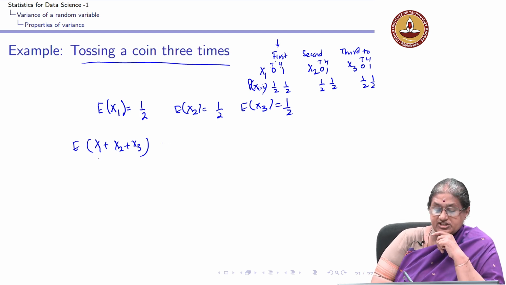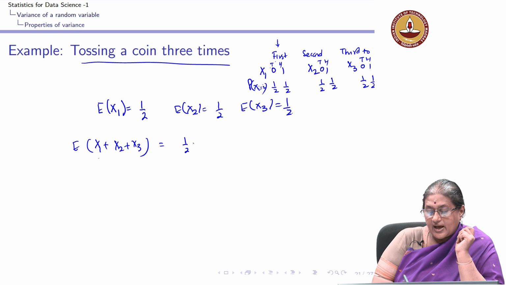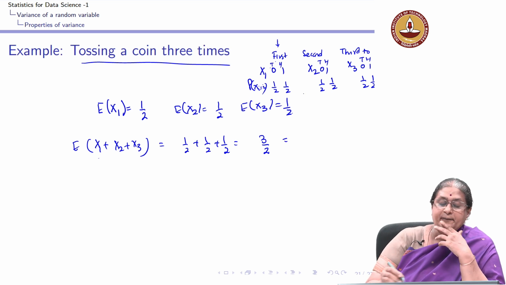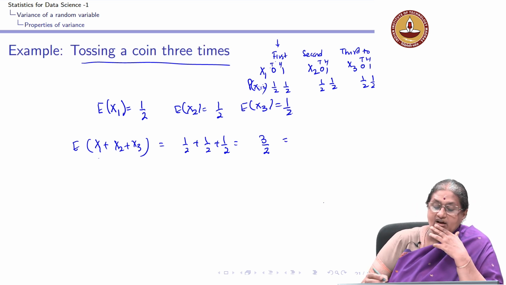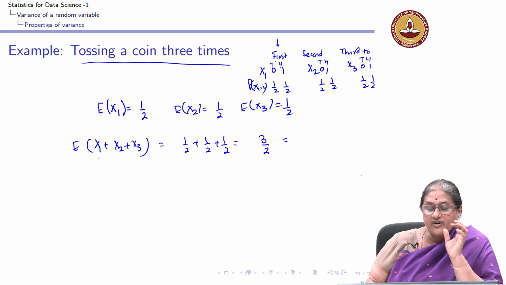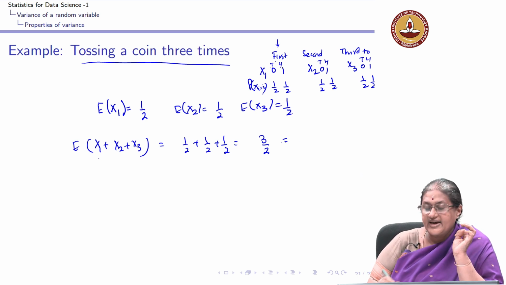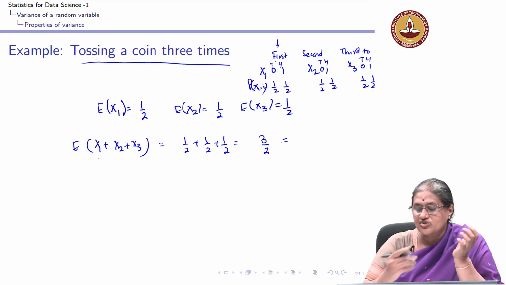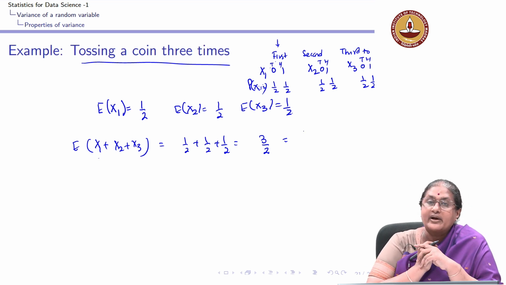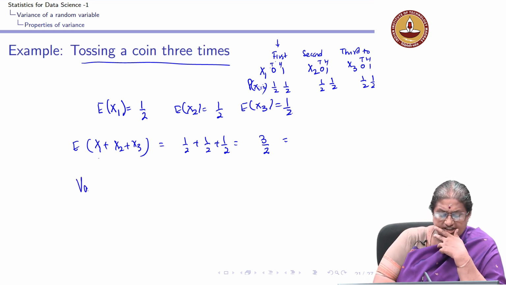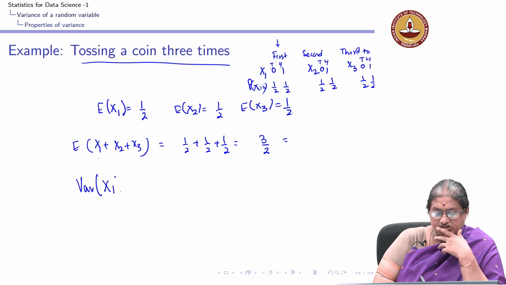The expectation of x1 plus x2 plus x3 is half plus half plus half, which is 3 by 2, and this is precisely the expectation of a random variable where I'm counting the number of heads. We have checked this also, which is going to be 3 by 2.